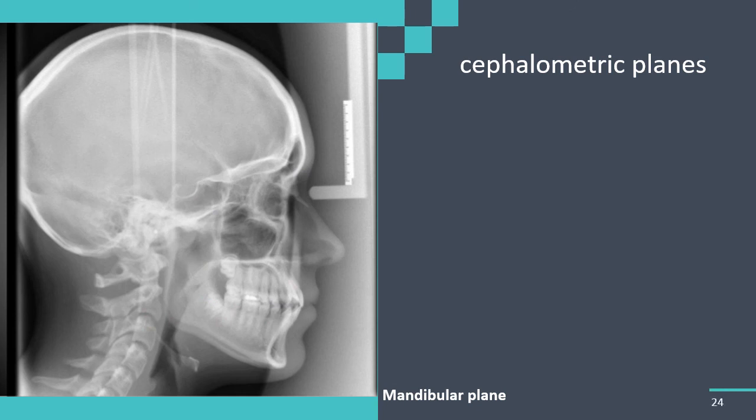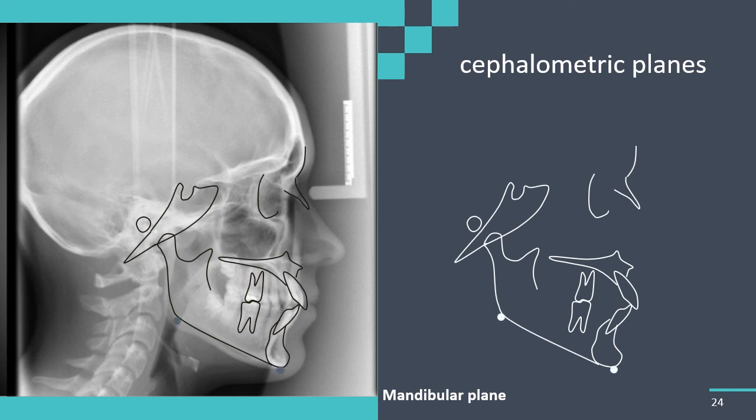And the mandibular plane is the plane that connects the menton and gonion, and it represents the mandibular plane, or the tangent to the lower border.